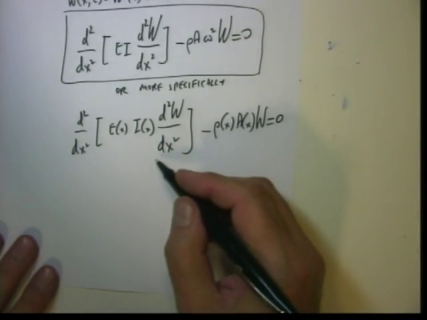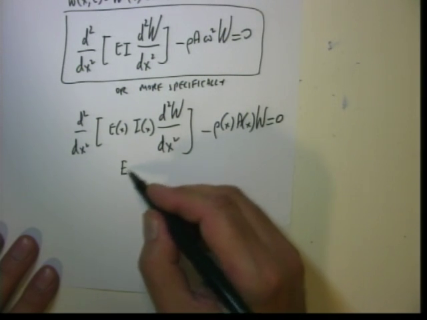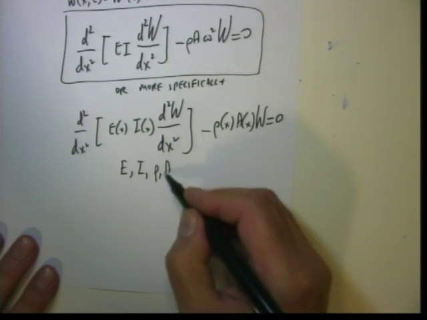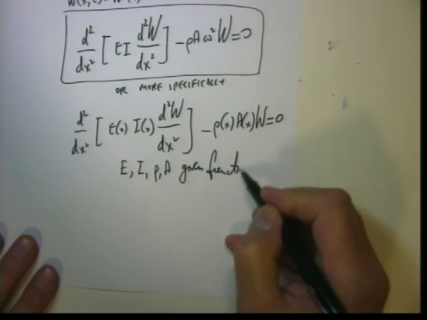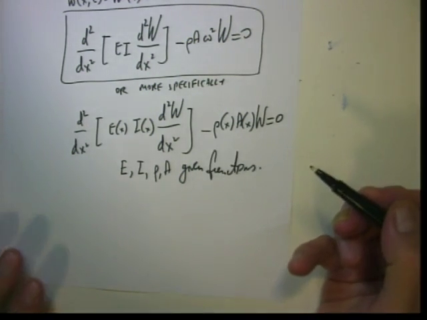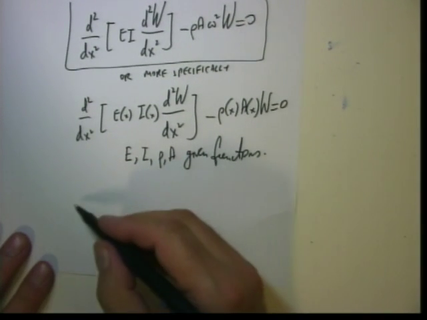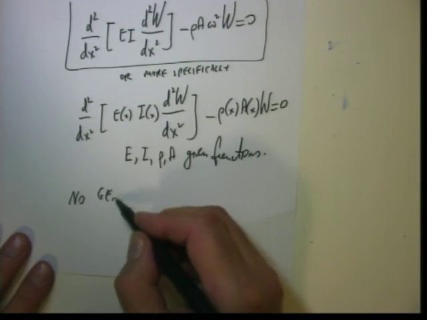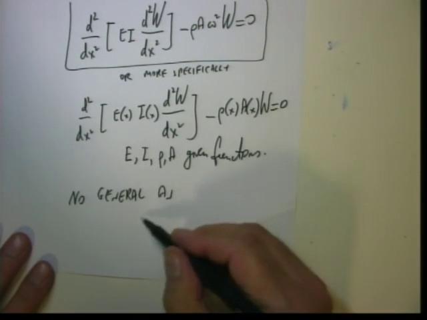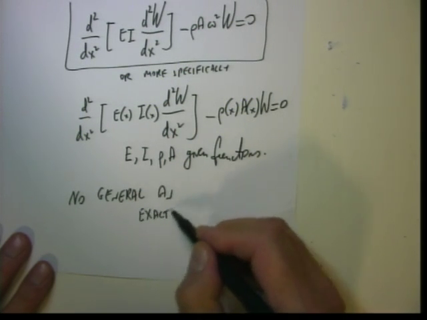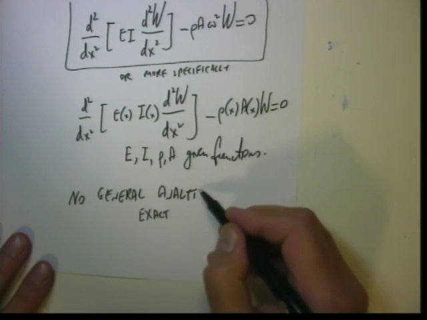Okay, how to solve this problem? E, I, rho, A are given functions. There is no general exact analytical tool.